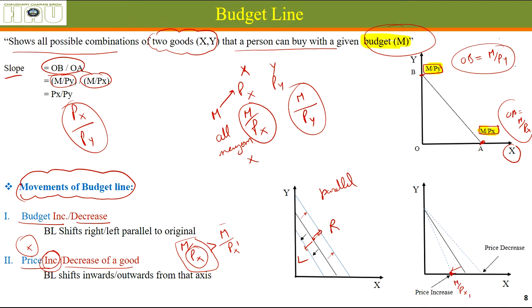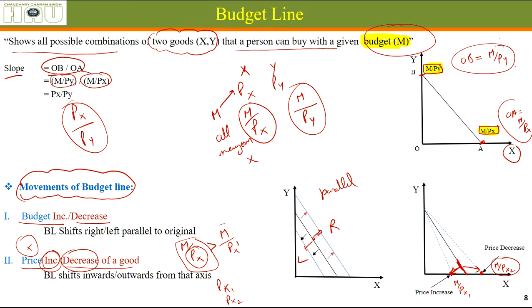Let's say Px1 was the higher price, and Px2 is when the price has reduced. When the price reduces, we are able to buy more than the earlier quantity. This was the earlier one. If the price increases, the quantity of X that we are able to buy will reduce, and if the price of that good reduces, we are able to buy more of it.